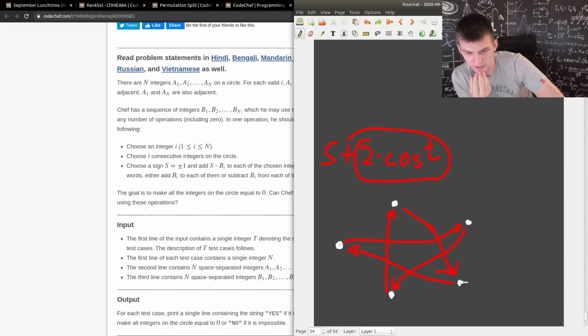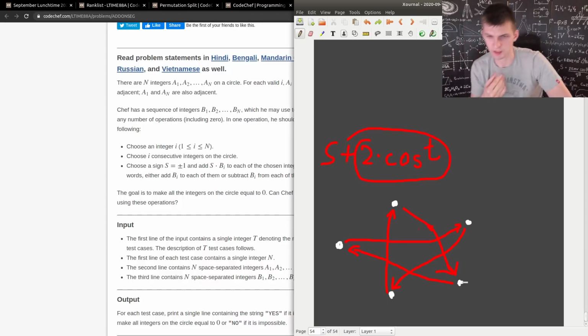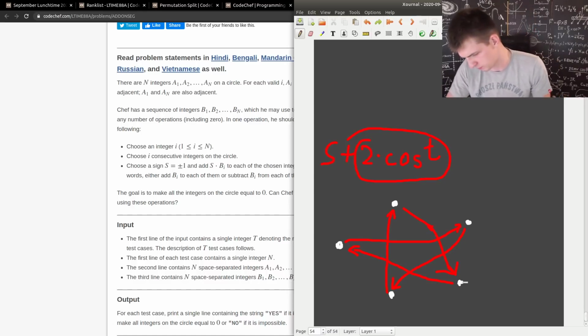If I'm given A_i, then I can iterate over divisors of A_i. And I can say that I'm trying to achieve exactly that much. Let's just assume that A_i is equal to 1. All values A are equal to 1. What then?